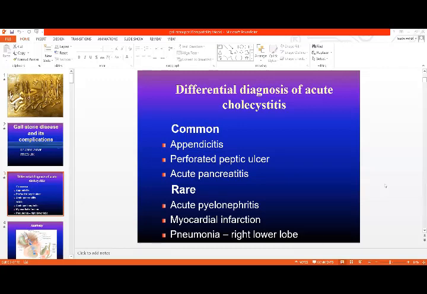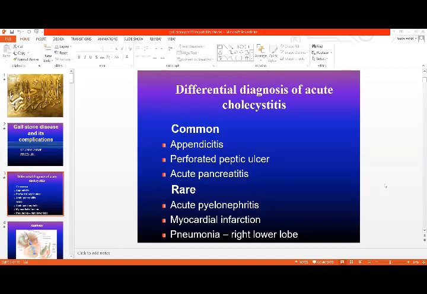But one very important aspect of the differential diagnosis in epigastric and upper abdominal pain is: never ever miss a myocardial infarction. Acute MI can present with pain in the epigastric and upper abdominal region.